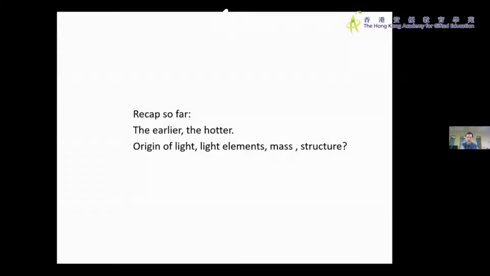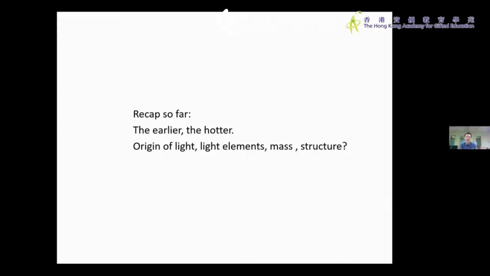As a recap of this part so far, we have been talking about the earlier, the hotter. If we think about the earliest stage of our universe, it really looks like we compress a box of gas, and that corresponds to a hotter stage of our universe.